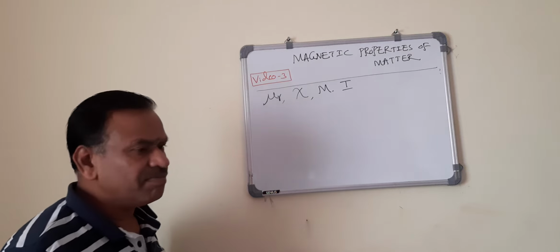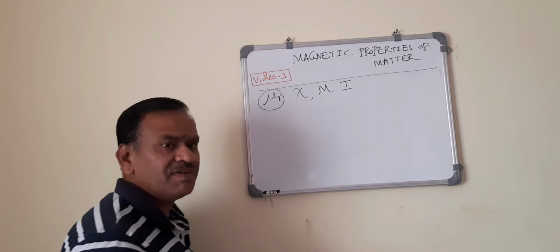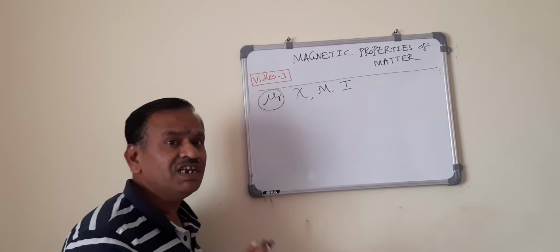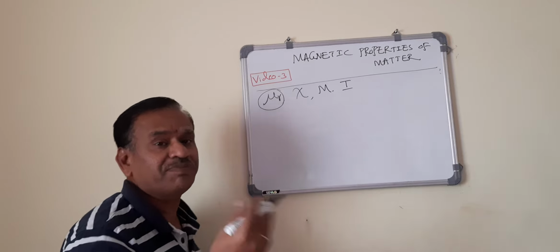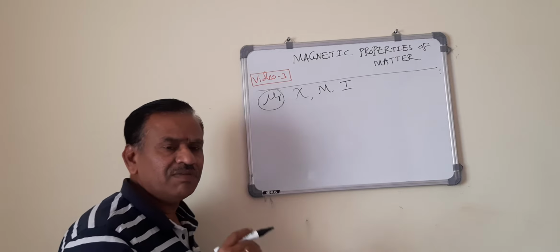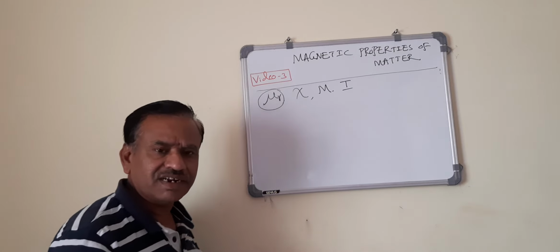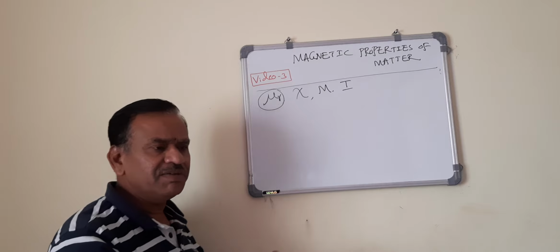Now, here magnetic permeability, the word itself indicates, permeability is nothing but what? How many magnetic lines of force it permits. Suppose you take a magnet in the air medium, there are lines of force.